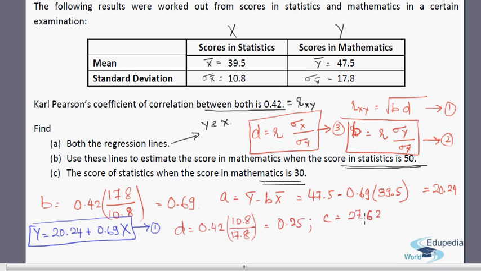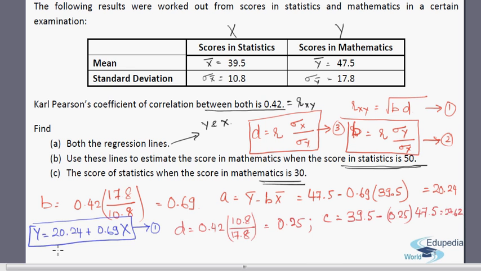Well, let's calculate it. So c will be equal to x bar, which is 39.5, minus d, which is 0.25, times y bar, which is 47.5, and when you calculate this, you will get it equal to 27.62.